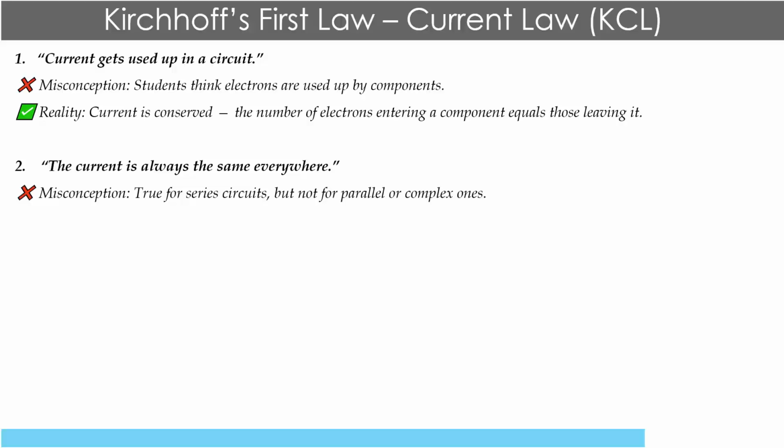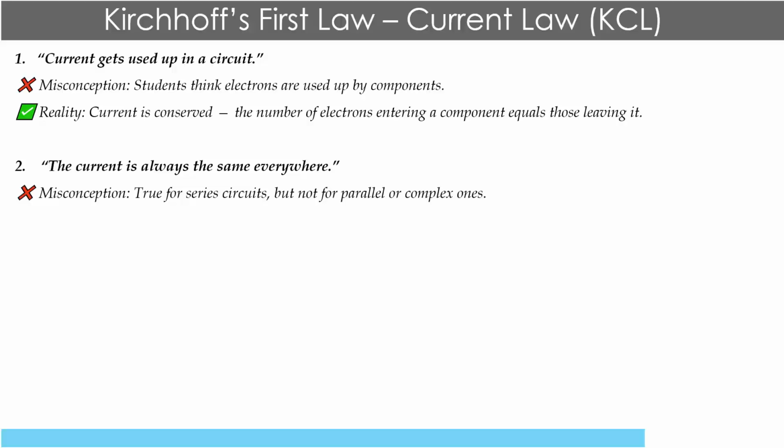The second misconception that students have is that current is the same everywhere within a circuit. While this is true for series circuits, it is not so for parallel circuits and even for complex ones.